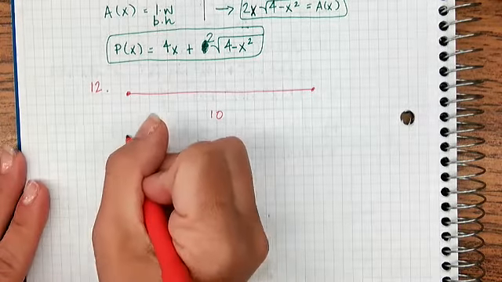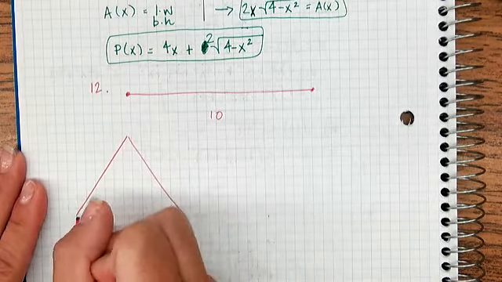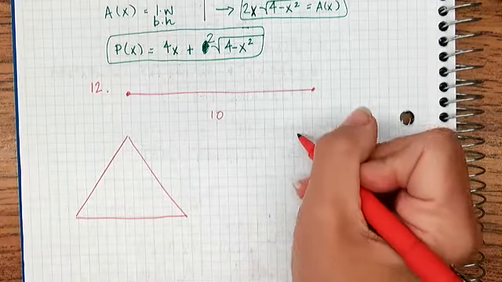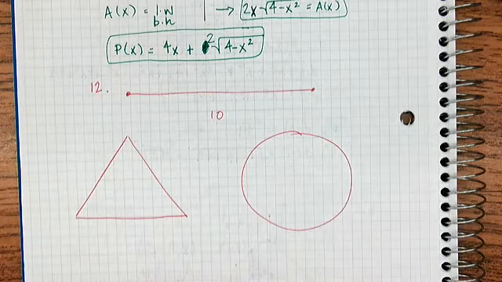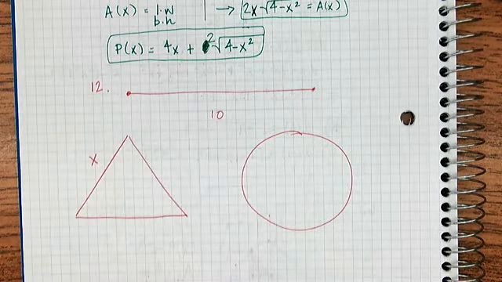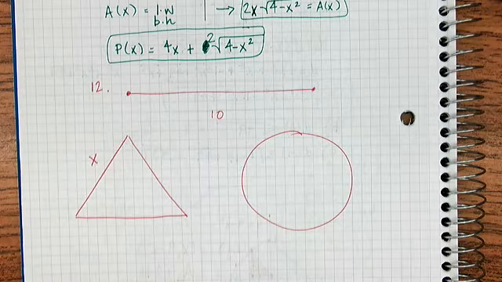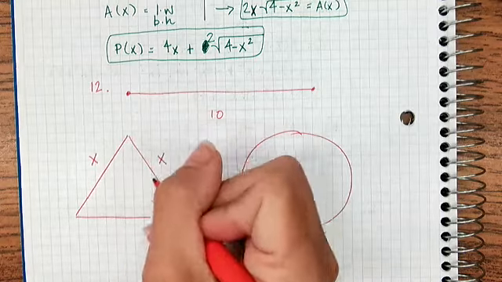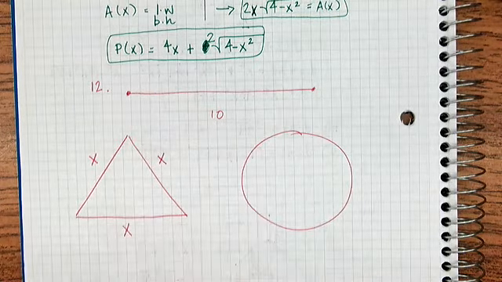Okay. I'm going to have an equilateral triangle, and I'm going to have a circle. Beautiful circle. They're telling you that x is going to be the side of the triangle, which means that this is an x and this is an x.